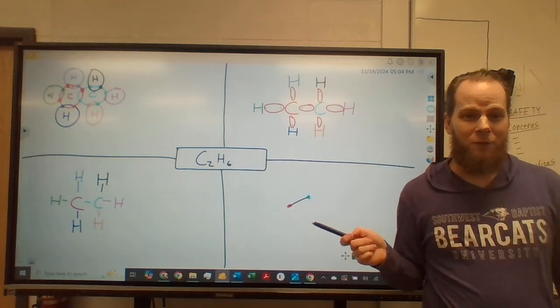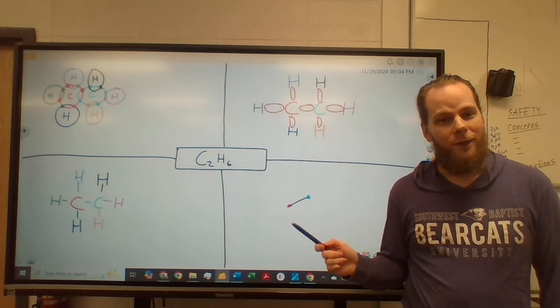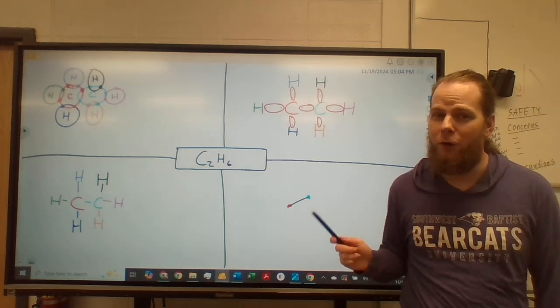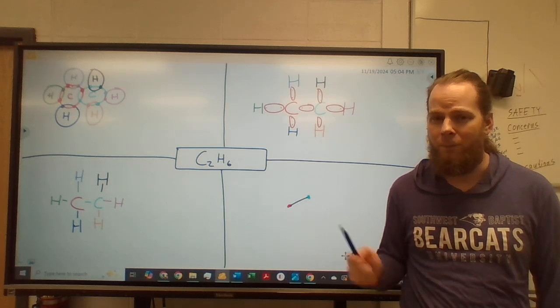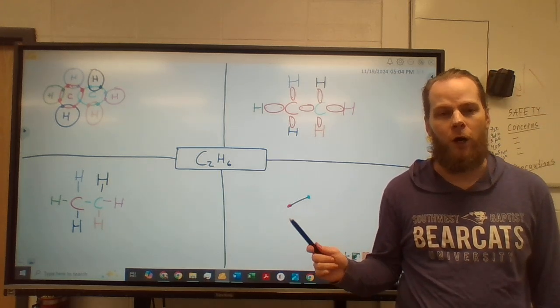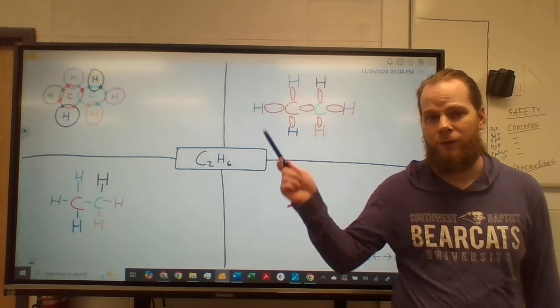And then this is the skeletal structure for C2H6. That's it. It's definitely the easiest, but you have to know the most about what you're looking at to figure this out. I'm going to go ahead and say each end of this line represents a carbon, and we don't draw hydrogens in skeletal structures because there's a ton of them.